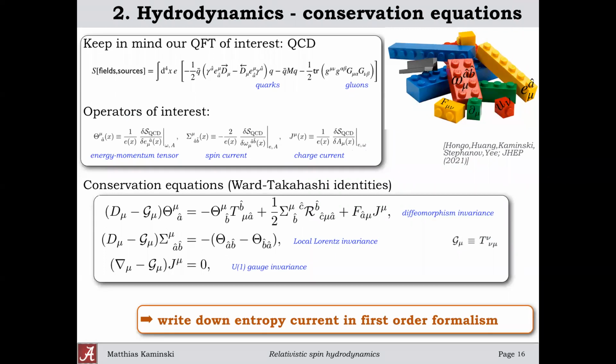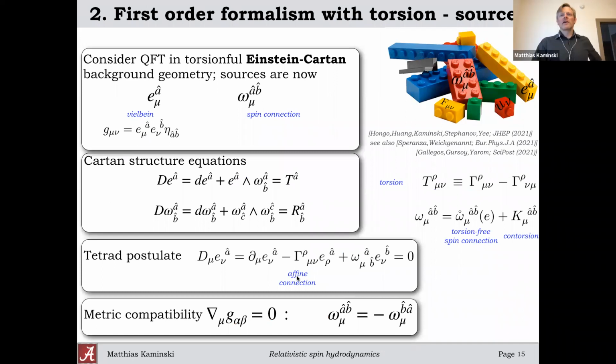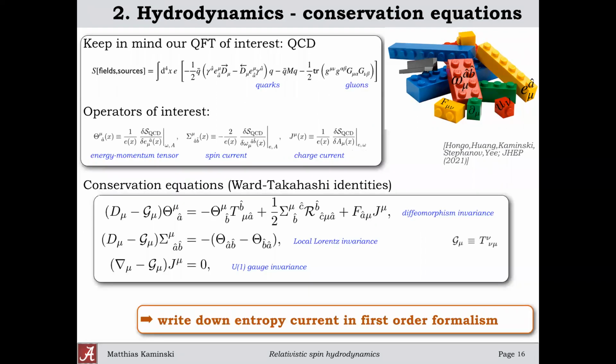Okay, I see. So these couple the quark to the affine connection, which contains this torsion piece, and it couples the quark to the spin connection as we would expect for a Dirac action. Otherwise, probably the spin current wouldn't be uniquely defined. Yeah, I wouldn't know how to do that. Thank you for the question.